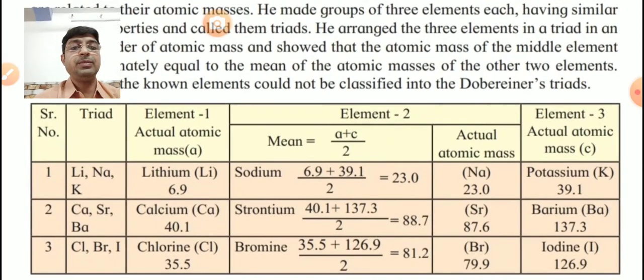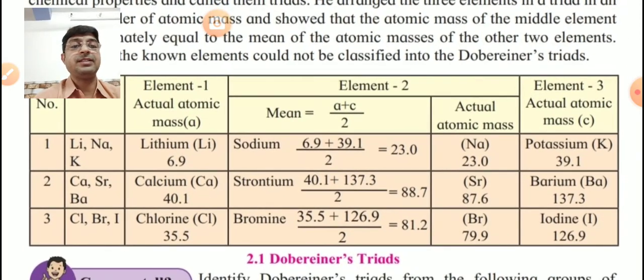Now in the following table, examples are given. The first example of Dobereiner's triad is lithium, sodium, potassium. See in that table, the atomic mass of lithium is 6.9, of sodium is 23, and of potassium is 39.1.